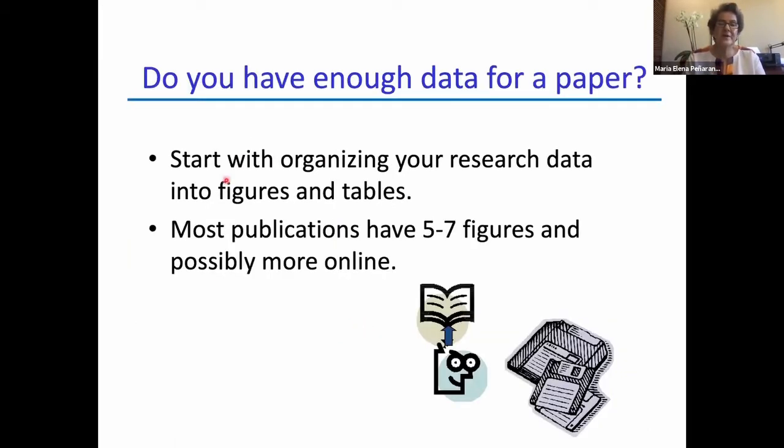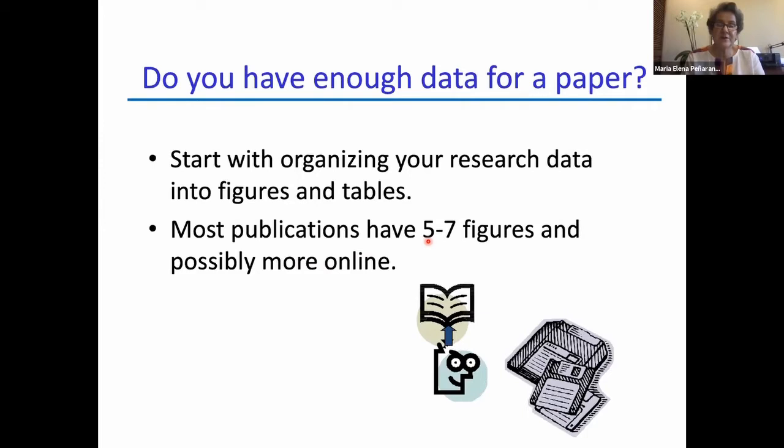So how do you know you have enough data for your article? Organizing your research data into figures and tables, like one of the participants mentioned. You start there, and most publications have 5 to 7 figures and possibly more now that you publish online. But when I was learning, I was told 5 figures was the max.